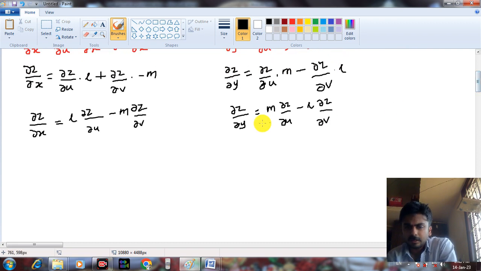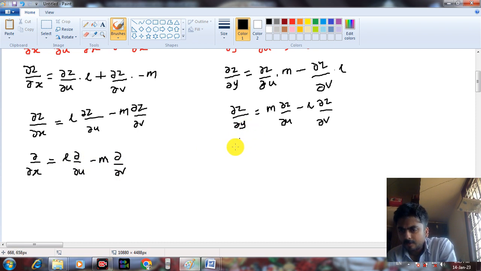So if I am not considering this z, what will happen? I can write ∂/∂x equal to L into ∂/∂u minus m into ∂/∂v.